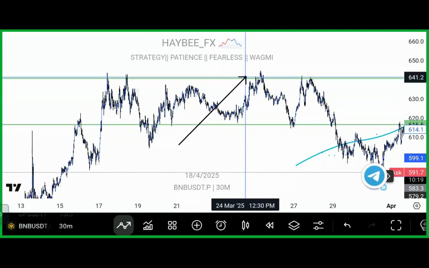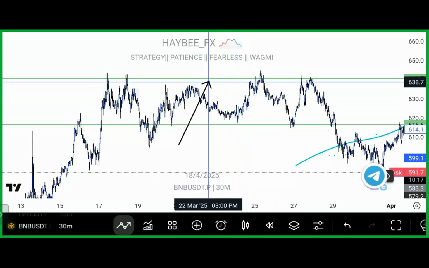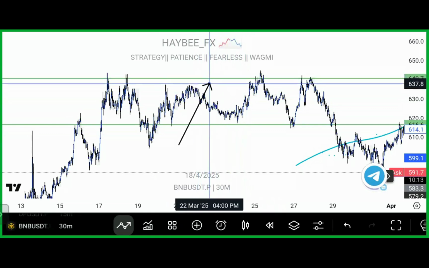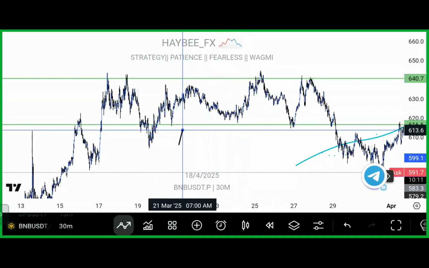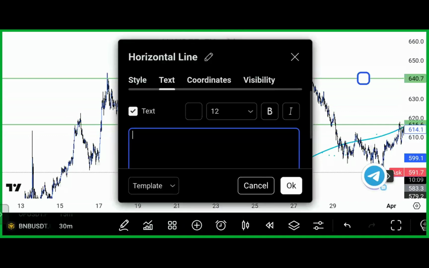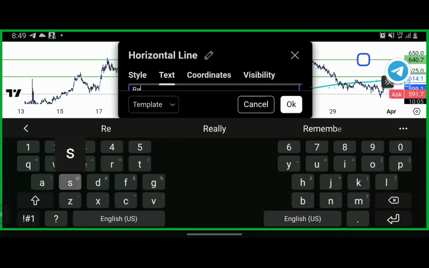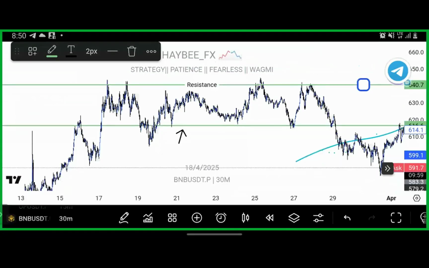Do you understand? Now look at this green line above here at the top. It is called the resistance line. I'll name this line, for the sake of maybe people that are recording. So this is a resistance line. Do you understand? And here, this line is the support line. This one is the support.